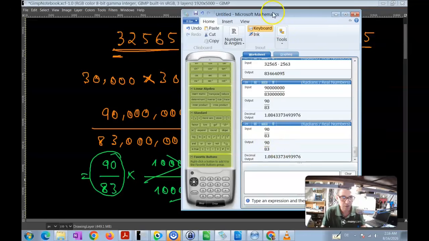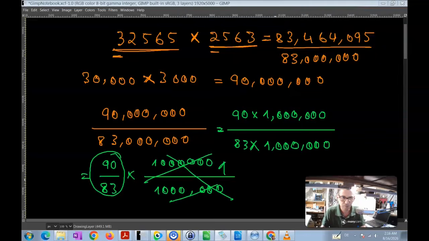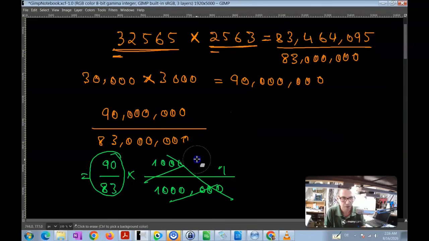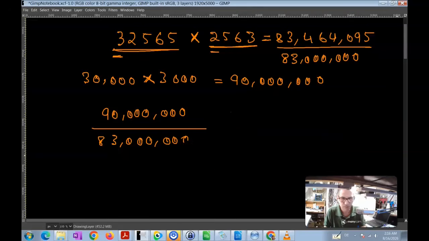So this gives me 1.08, which is nothing but 1 plus 0.08, right?